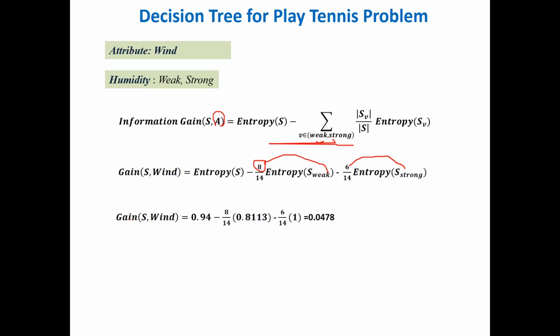So entropy of the whole data set is equal to 0.94, minus 8 by 14 into entropy of weak, and minus 6 by 14 into entropy of strong. It comes out to be 0.0478. So information gain of the wind is equal to 0.0478.